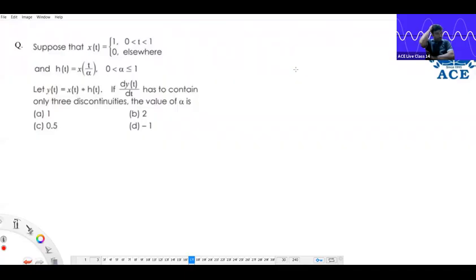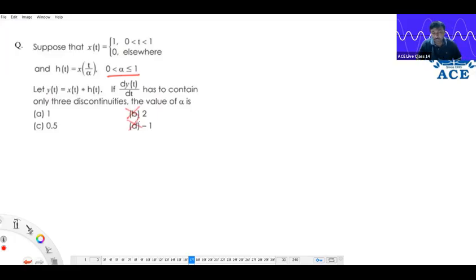Output is convolution of input and system. If the differentiated signal has to contain 3 discontinuities, means 3 jump locations, what is the exact alpha? The funny thing in the question is, the alpha range I have neatly mentioned as 0 to 1, but in the ABCD options, I have wantedly given some outside the range.